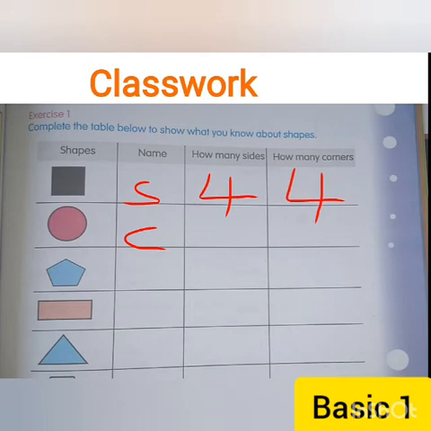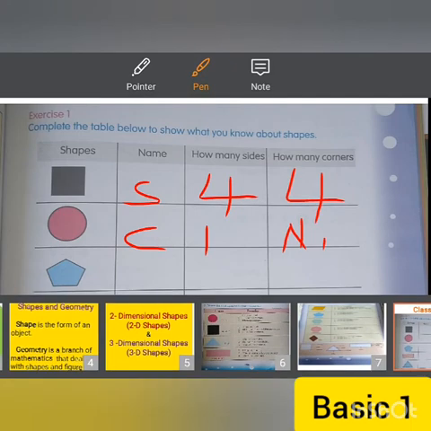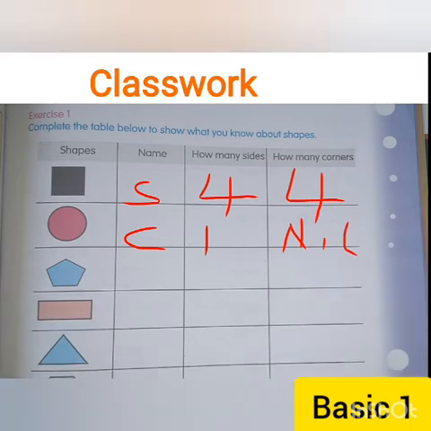How many sides does a circle have? It has 1 side. How many corners? It doesn't have any corner, so we'll use nil.